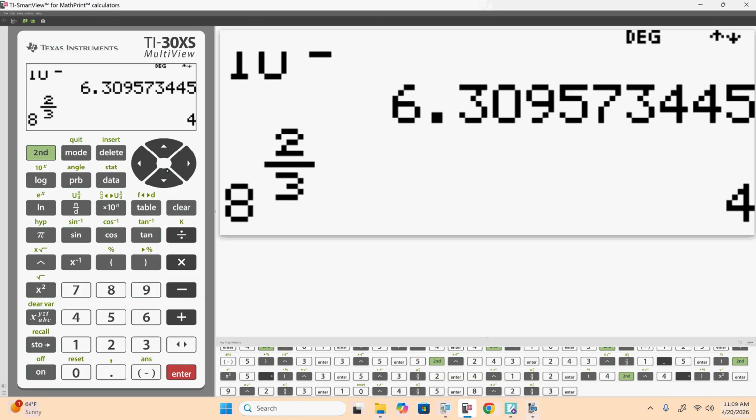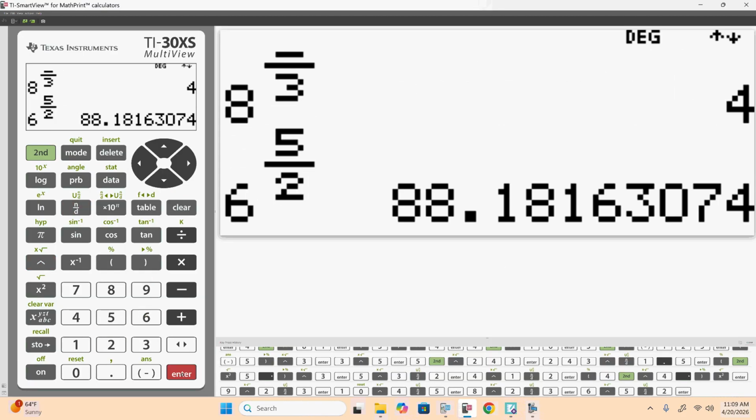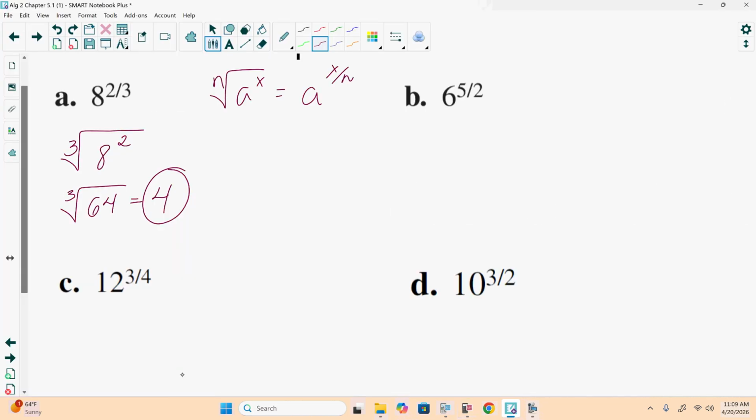6 to the 5/2 is 88.182. 6 to the 5/2. 6 is going to be our a. The exponent attached to it is going to be 5, the number on top of that fraction.